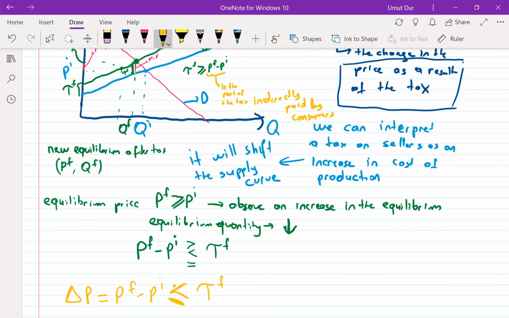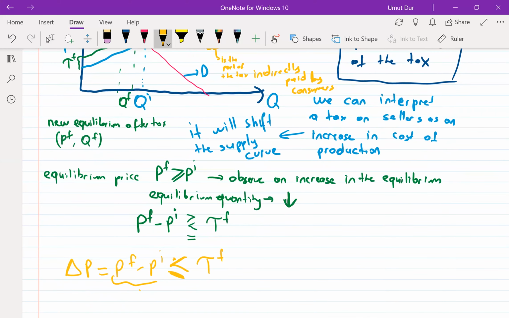So this is always less than or equal to. This part is the burden of tax on consumers.